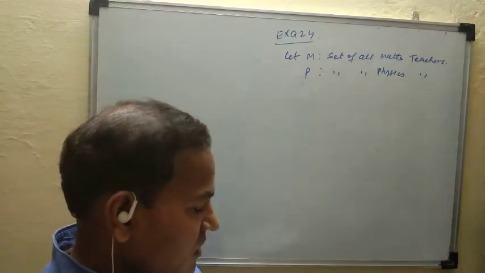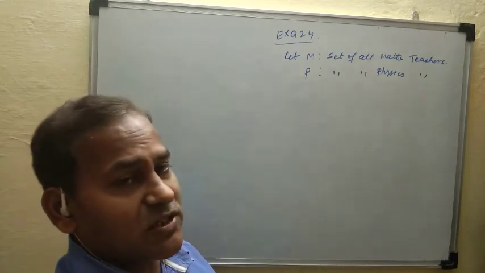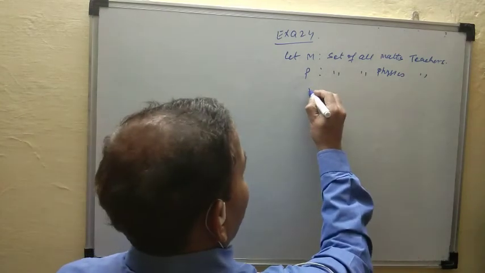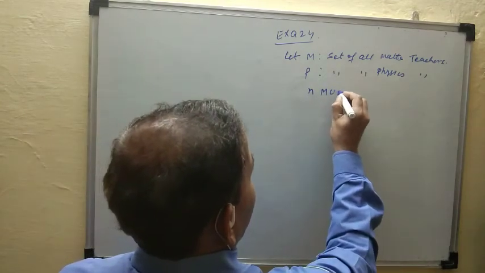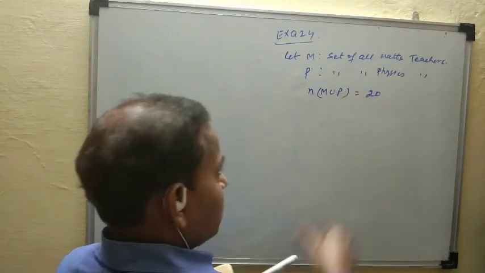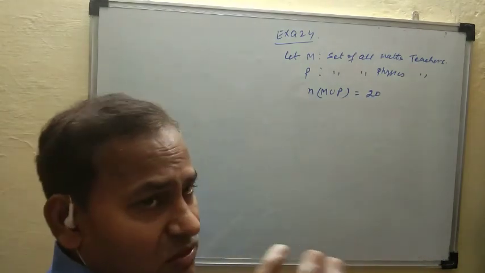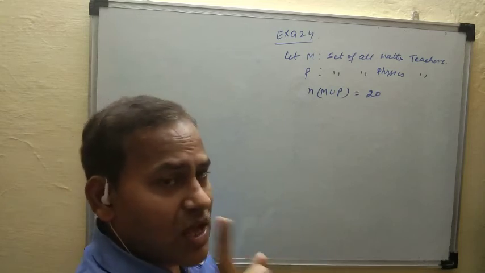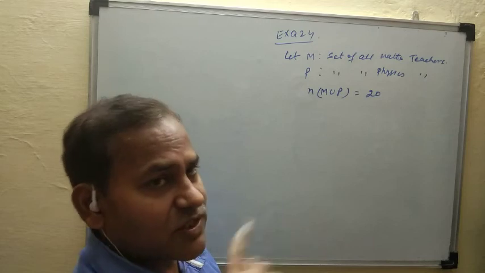So given, in a school there are 20 teachers who teach math or physics. So 20 is the value of M union P. That is, if any one teacher is chosen from these 20 teachers, that teacher teaches either maths or physics.